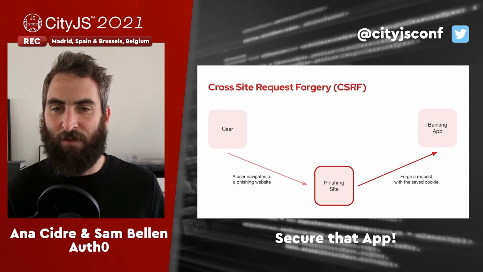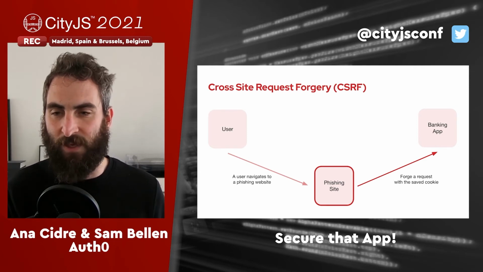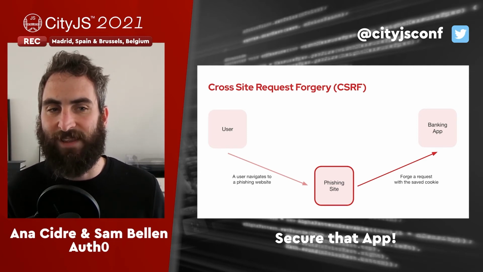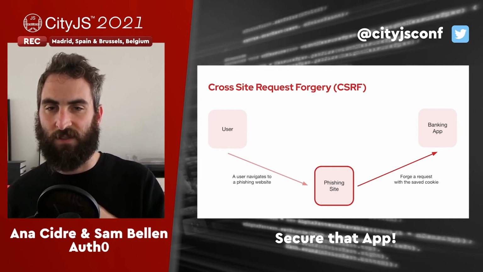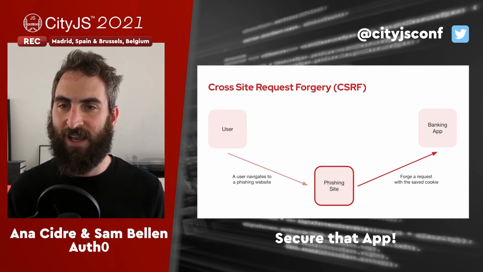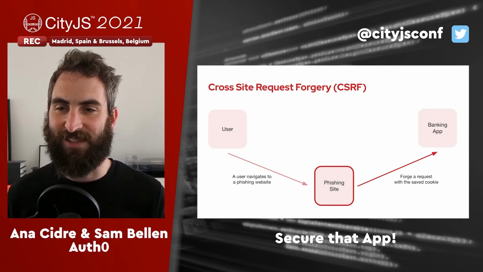So by forging a request, we will be misusing the behavior that the browser will attach that cookie automatically on the request to the banking app because the user has logged in previously, which means that we can steal all of the money.